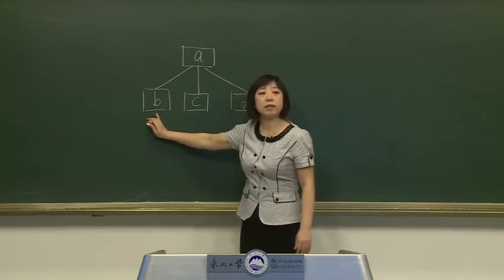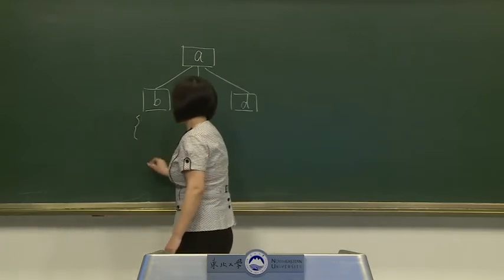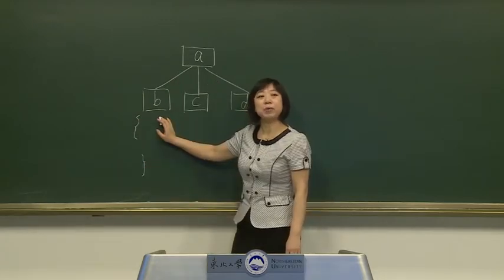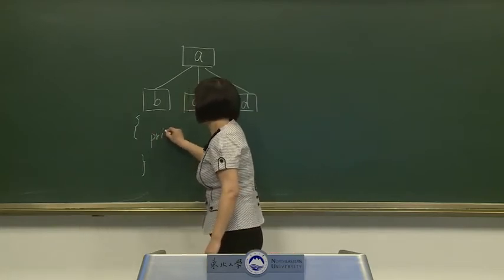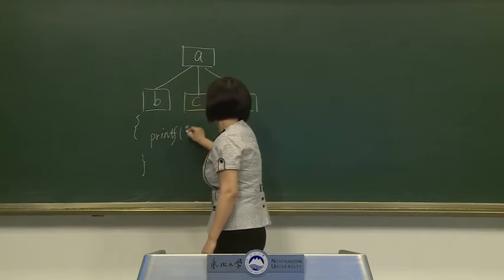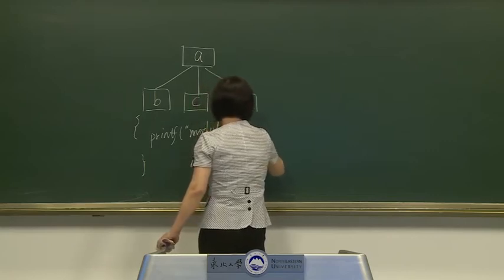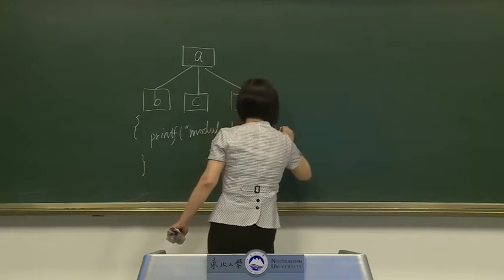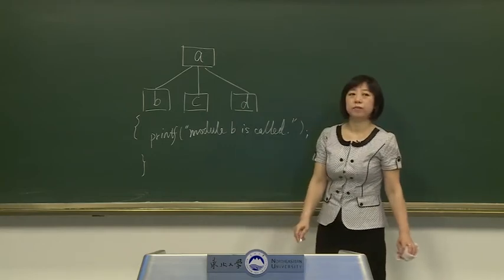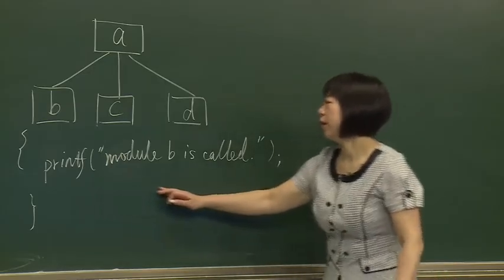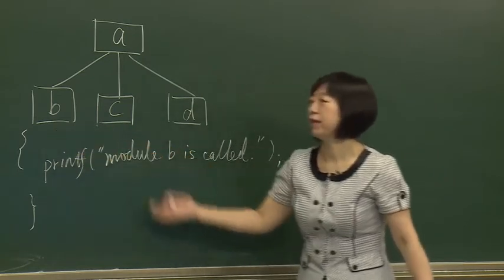You can make the stub an empty module. That means it does nothing. Or it can print some message. For example, for module B, it can print some output, that means give a message to indicate that module B has been visited.